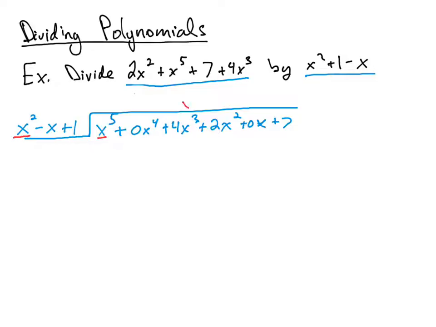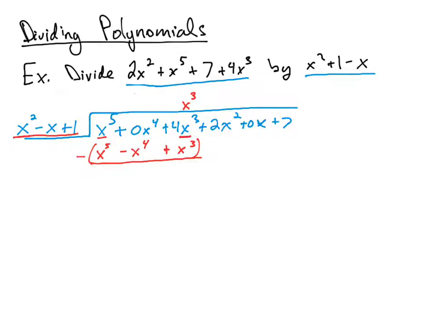So x cubed is going to go in this position, and we know it goes there because it's going to go directly above the x cubed term. And then x cubed times the divisor: x cubed times x squared is x to the fifth minus x to the fourth plus x cubed. And then we subtract. We should probably start at the right hand side.